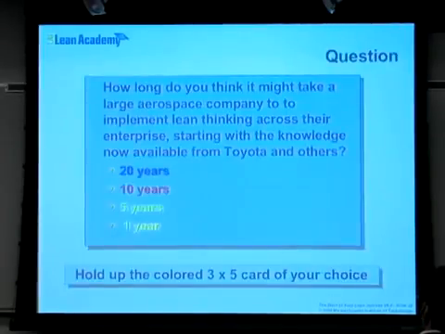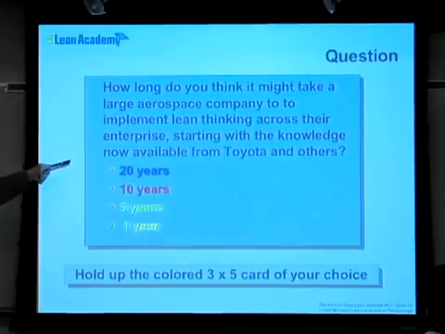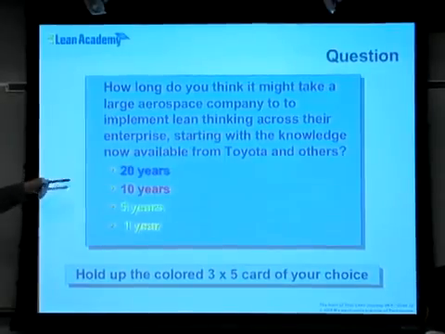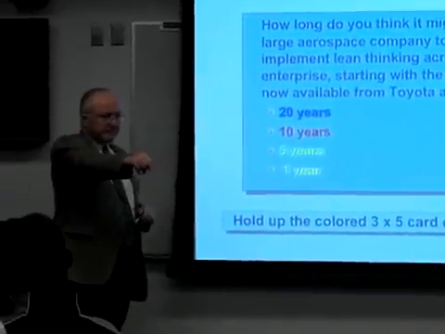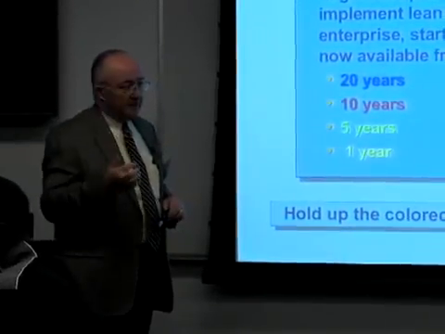So how long do you think it might take a large aerospace company to implement lean thinking across their enterprise, starting with the knowledge now available? In your folders, you have some colored cards.